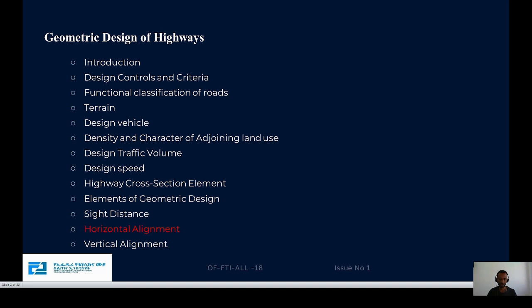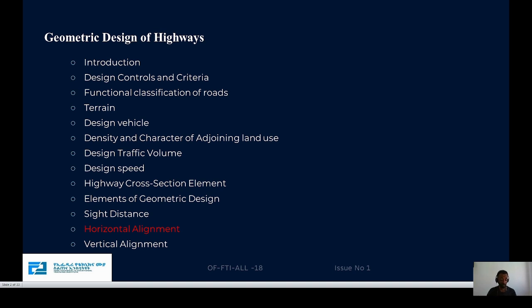In these cross-sectional elements we also dealt with different elements, for example the traffic lane, carriageway, shoulder, drainages, right of way, different barriers at the medians as well as the roadsides. We also discussed the cross-sectional elements in detail.